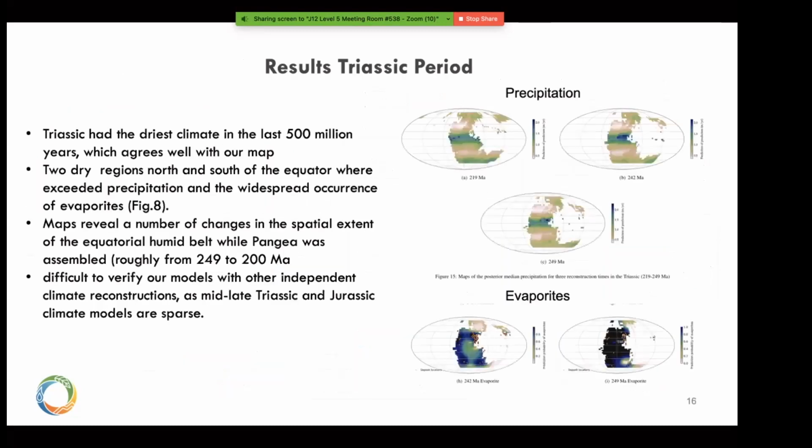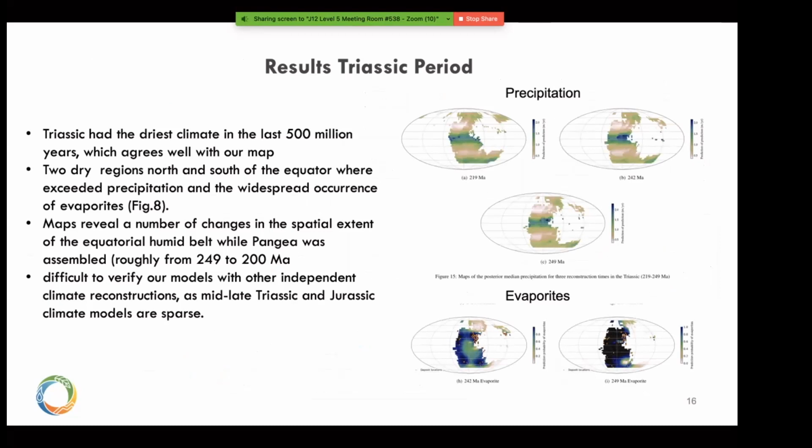Okay. So the Triassic period, which is the earliest period that we looked at, had one of the driest climates in the last 500 million years. That has been noted in an ad hoc way by a number of people who've done some work in the area.